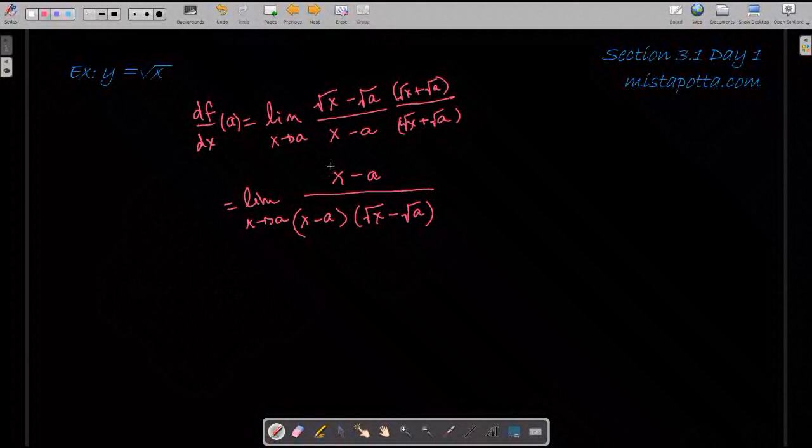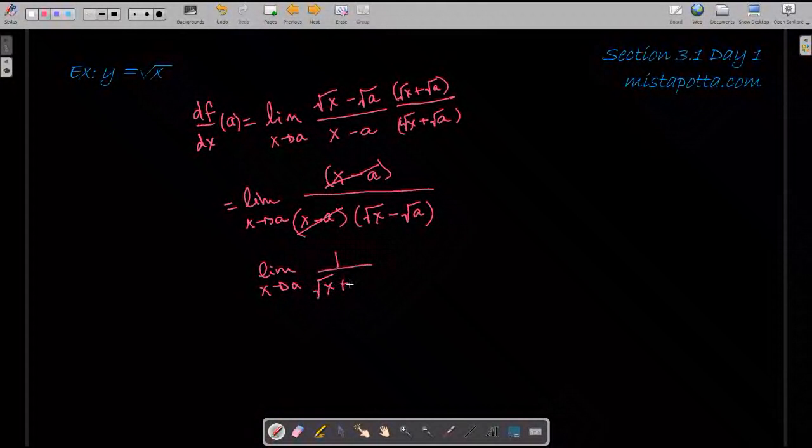And of course, as was our ideal situation, I have a common factor in the numerator and denominator. So I'm left with the limit as x approaches a of 1 over radical x plus radical a.